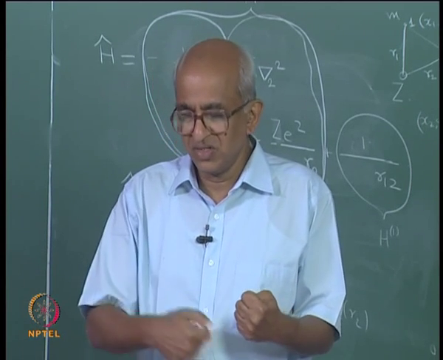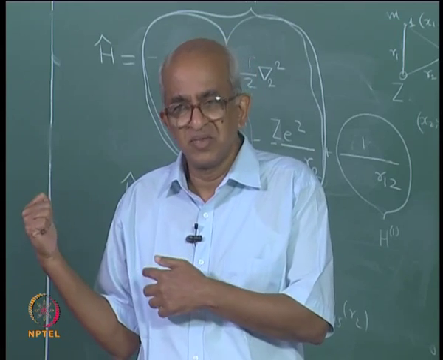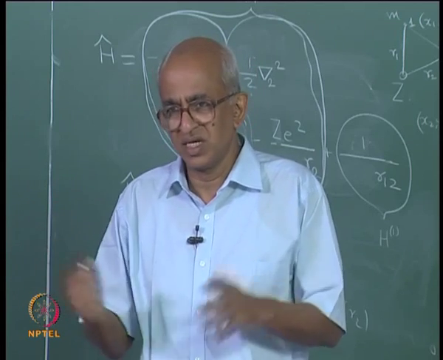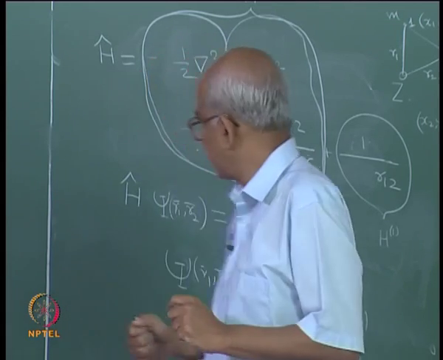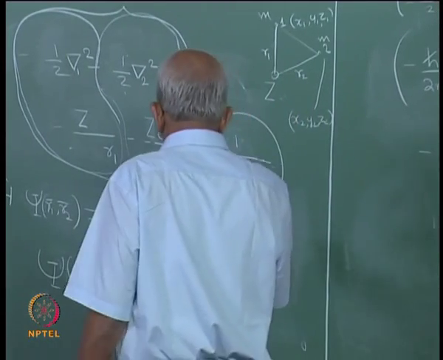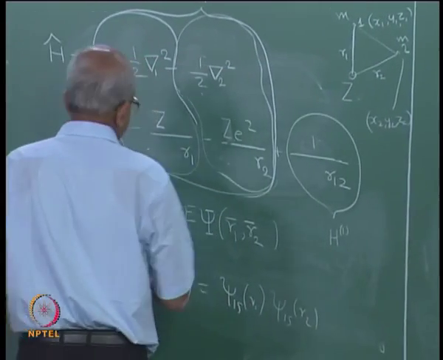And as I have been saying again and again, the variation method is the basis for most of the calculations. Okay. So, now let me tell you how to do this calculation.